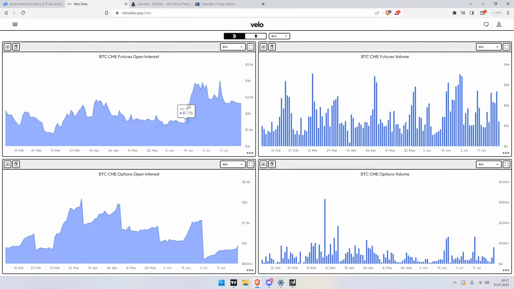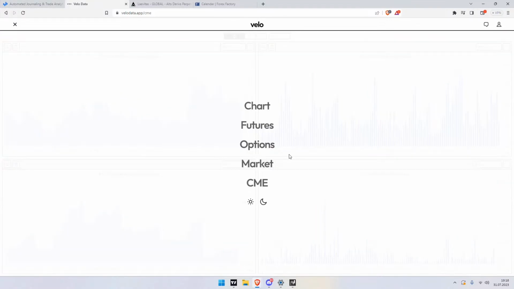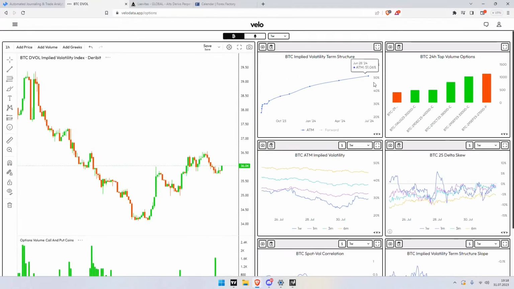This move from 1.7 billion to 2.9 is at a midpoint at the moment. Open interest on the options is rising a little bit. It doubled basically since the start of July, so that could be something, but I'm not much of an options guy to give you a more educated guess. I don't really pay much attention to these, to be fair.